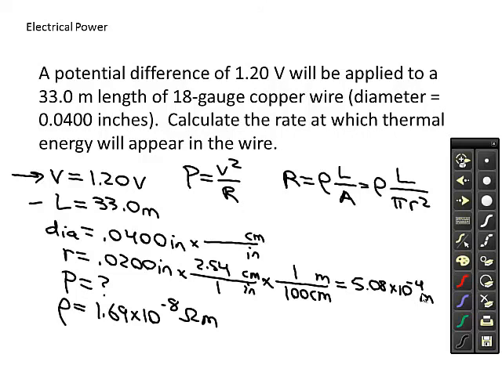All right, second to last step, get the resistance, which is 1.69 times 10 to the negative 8 ohm meters, times the length, which is 33 meters, divided by pi times r squared.